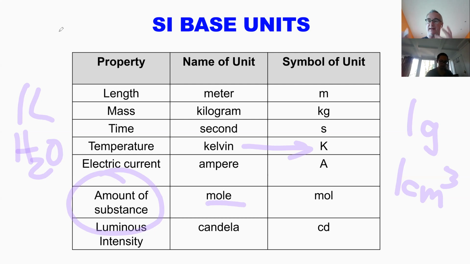It's whatever the atomic mass is in grams. So 1 mole of oxygen is 15.999 grams, because that's how much a mole of oxygen weighs. 1 atom is 15.999 atomic mass units.